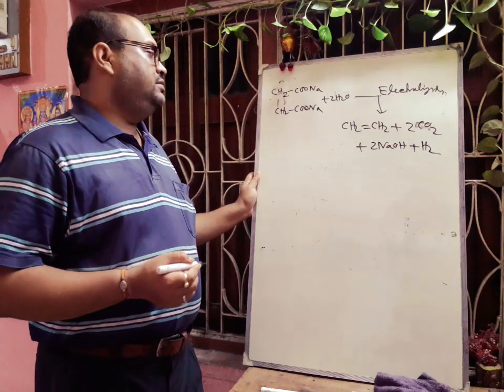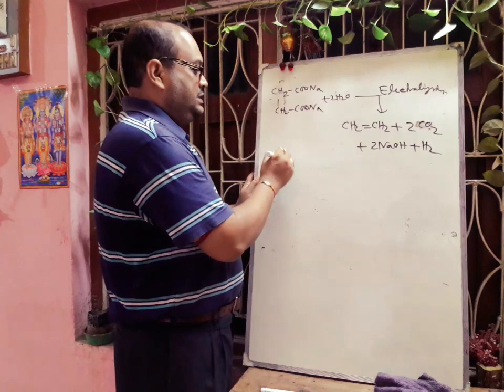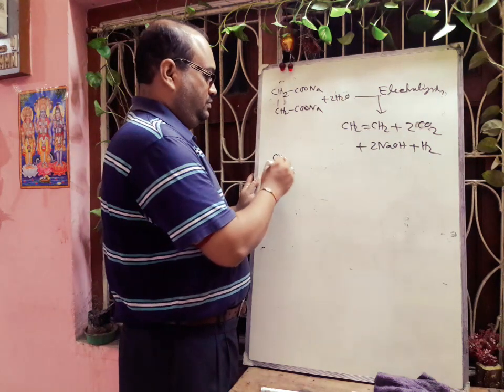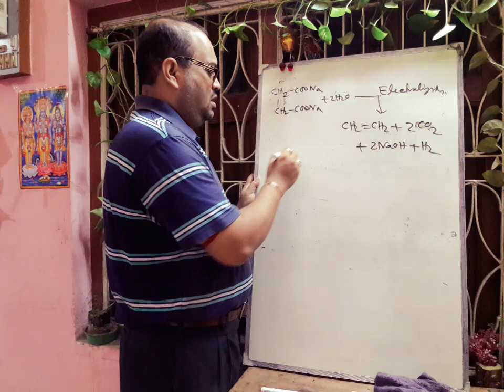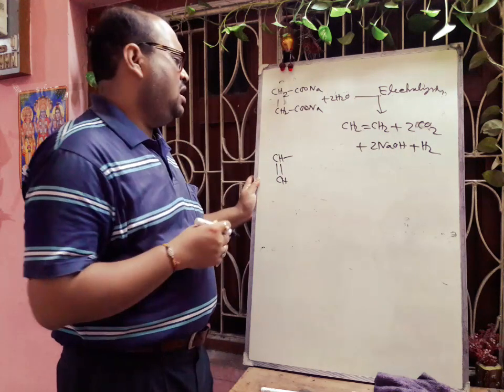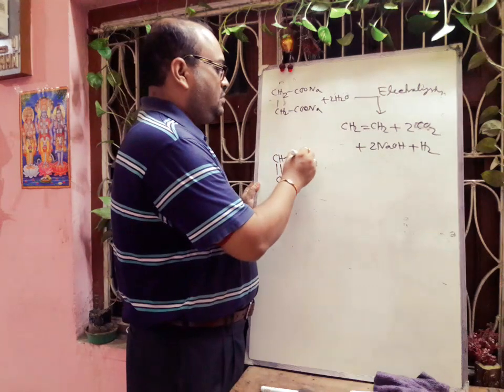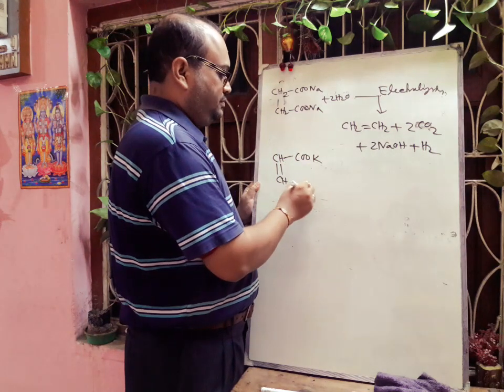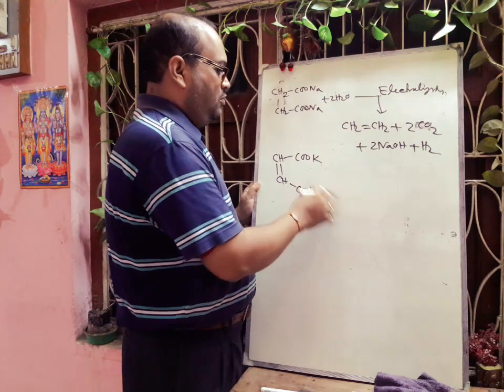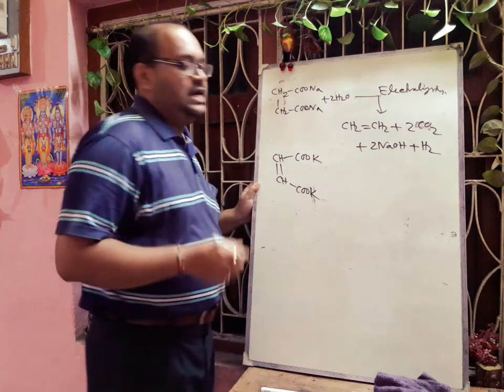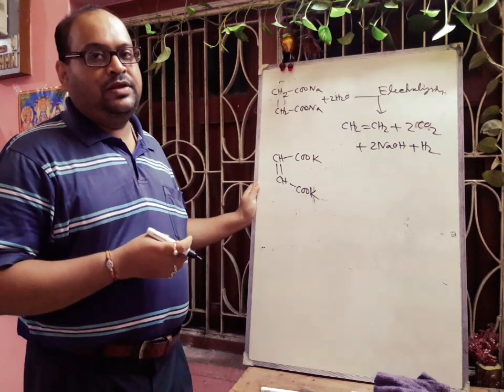Next, if we take the example of this molecule, both carboxylic acid groups are on a double bond, it is maleic acid.